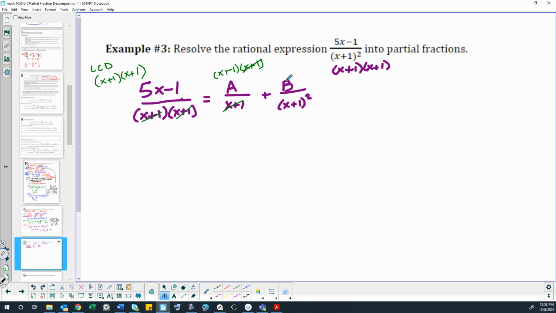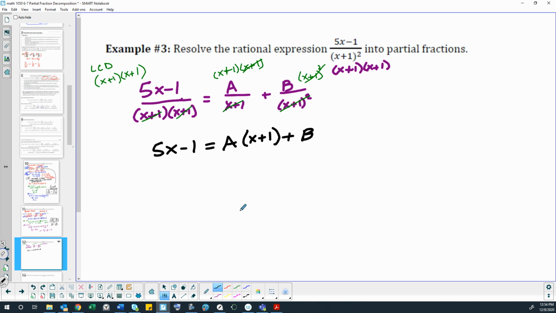No, the 1 cancels out, my bad. And then this one, both cancel out. Ta-da. Okay, so that leaves us with 5x minus 1 equals A times x plus 1. The other one's gone, and then both of them are gone, so it's just B.